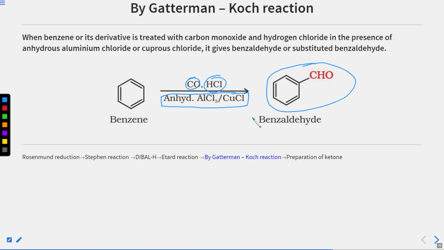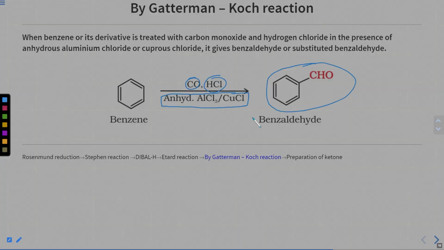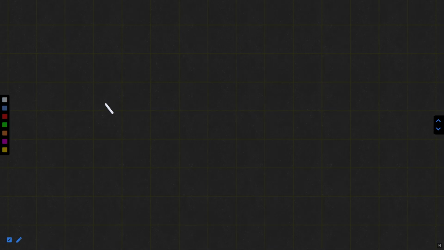Now I would ask you a question here: which kind of alkene would result in the formation of, say, your aldehyde or ketone upon ozonolysis. And I am saying that we will do a reductive workup. So how does this ozonolysis look?